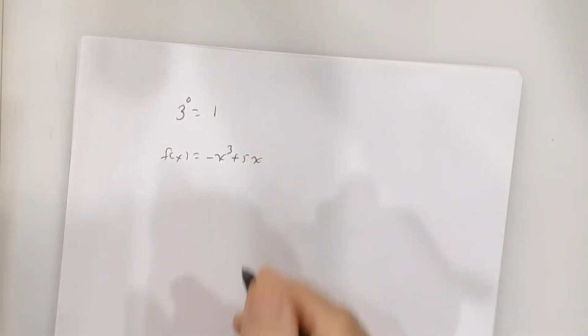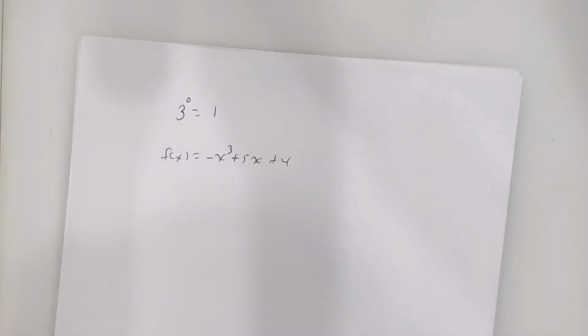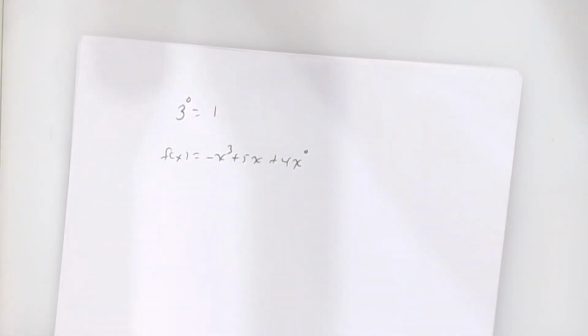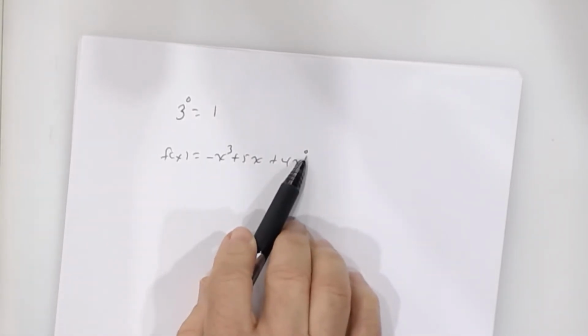If I add 4 to it, meaning I'm shifting it up 4 units, just like we did with that x cubed a while ago, it becomes neither. And the reason is because, remember, 4 is the same thing as 4x to the 0 power. What's x to the 0 power? 1. What's 1 times 4? 4. Now tell me, is this 0 an odd number?